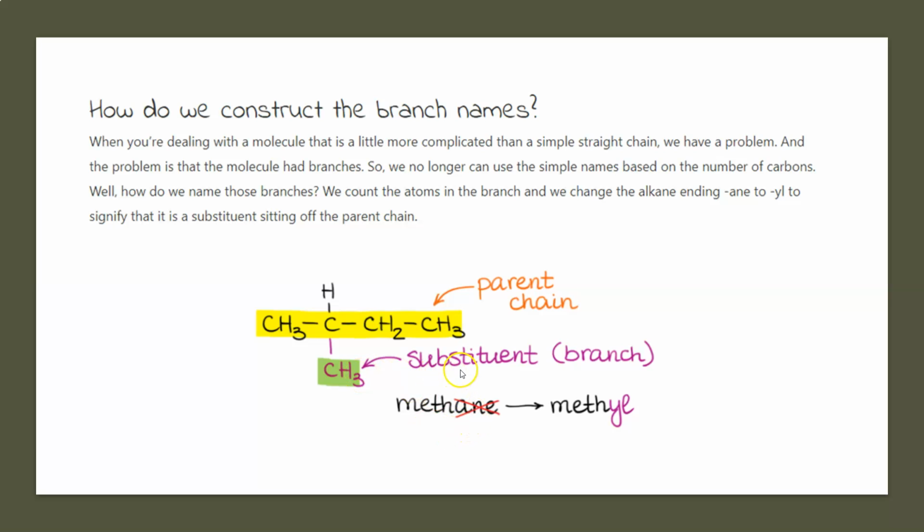The substituents change the ending "ane" in the alkanes by "yl", and in this case we can see that the main chain, the longest chain, contains 4 atoms of carbon. So this is butane. But you have a methyl group in carbon number 2.